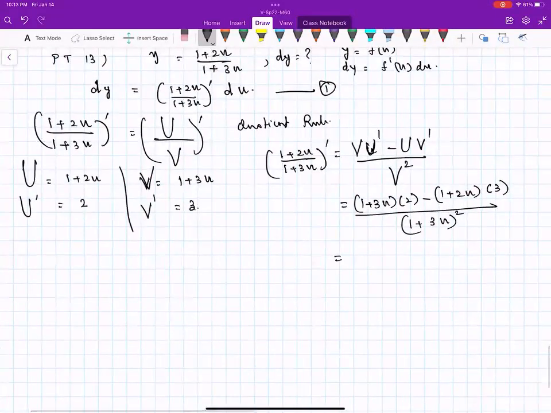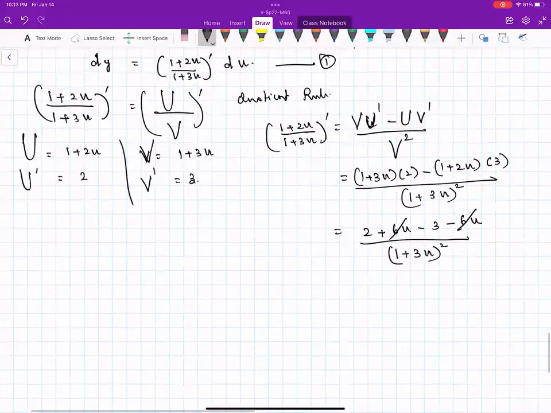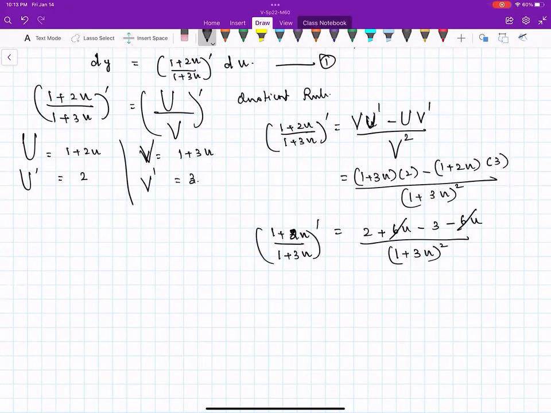If I distribute, I get 2 plus 6u minus 3 minus 6u, divided by 1 plus 3u, the whole squared. The 6u cancel out. So the derivative of 1 plus 2u over 1 plus 3u is equal to negative 1 over 1 plus 3u, the whole squared.